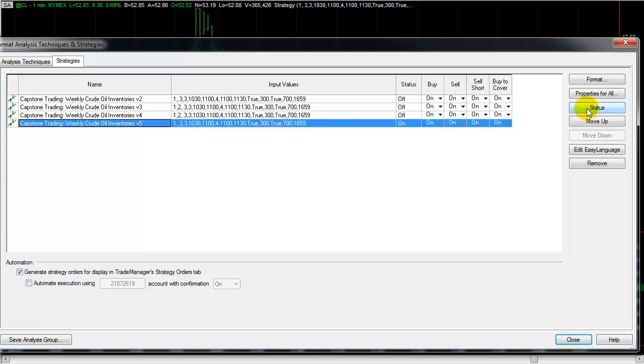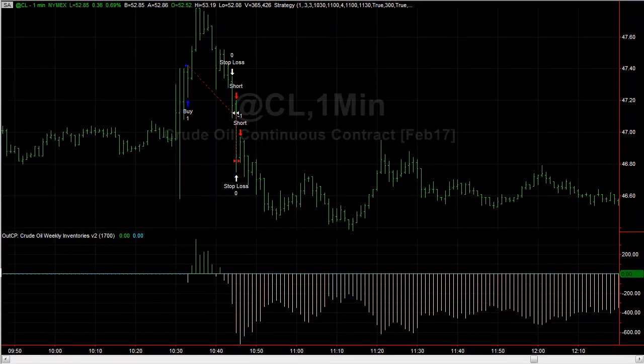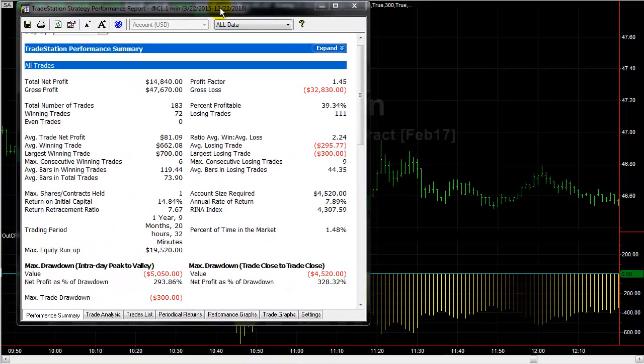We did that one change, and the results are still pretty close. I'm waiting for that to update, and now you see the same sort of scenario. It stopped out on that bar, and then it got back in.